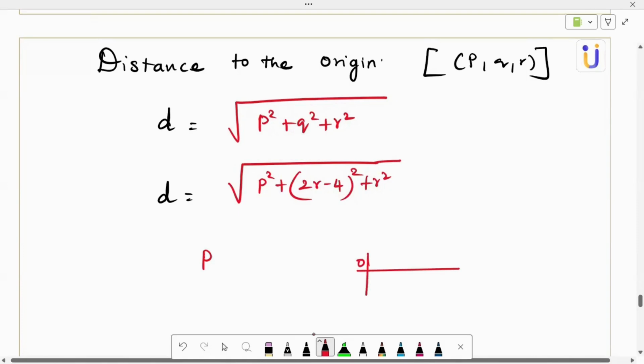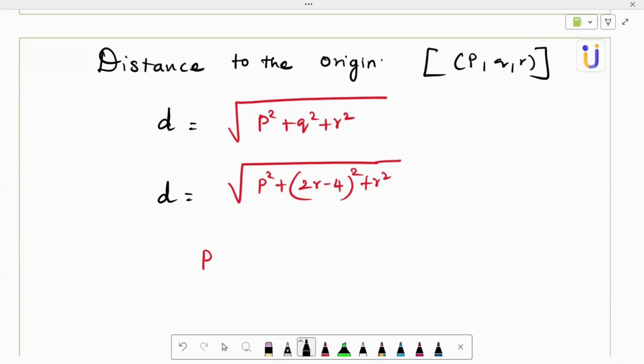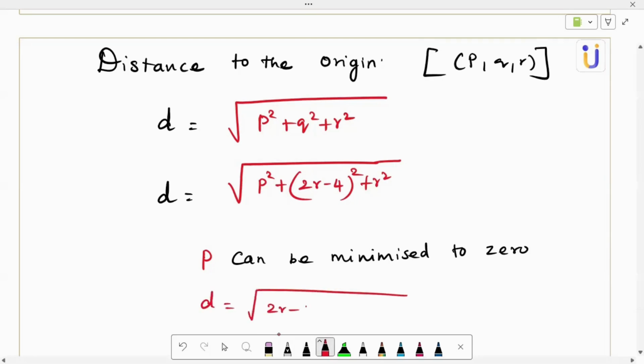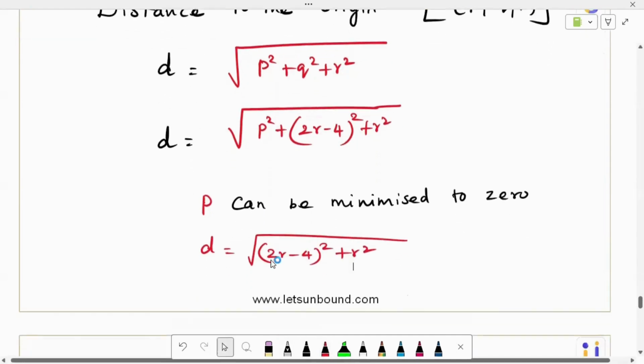If this is your origin, and this is 1, it can be very close to 0. So p can be minimized to 0, but not the other variables. So what happened to the function? The distance function will turn like this. D is equal to the square root of (2r minus 4) the whole square plus r square. This is the function.